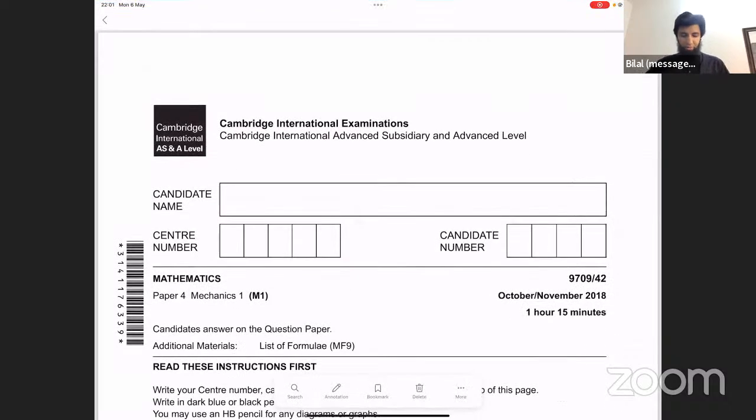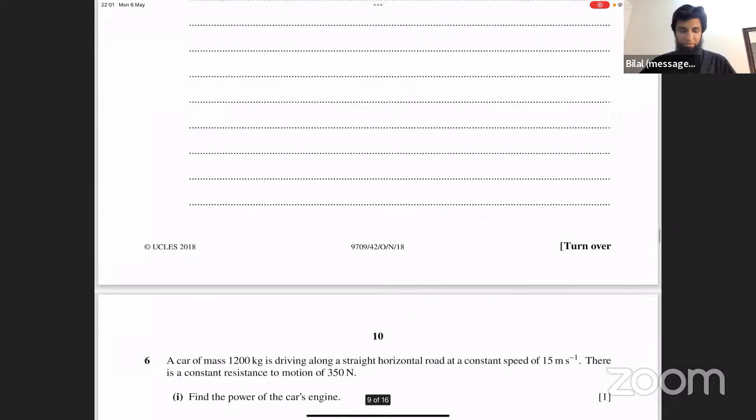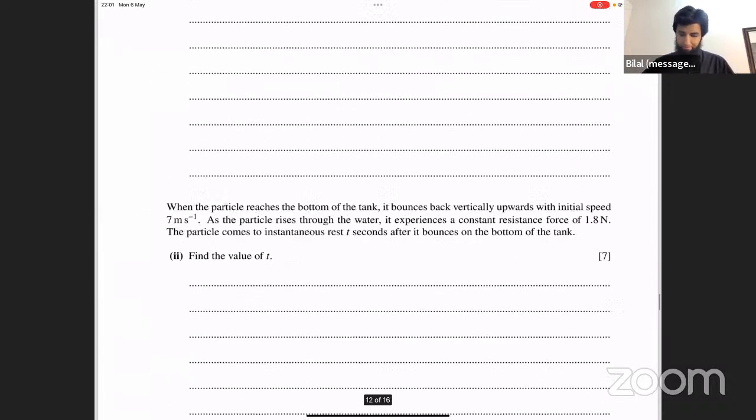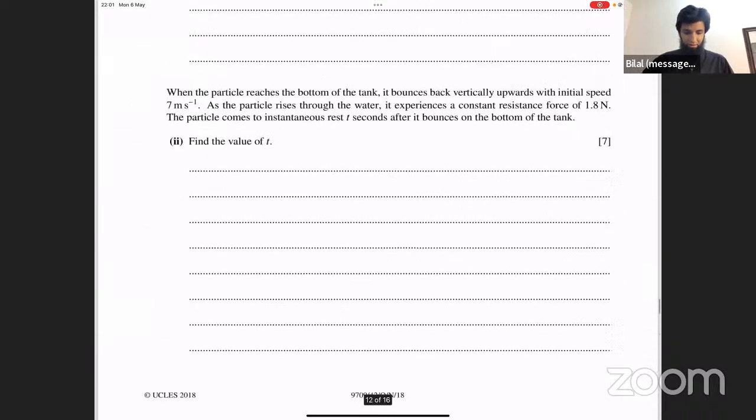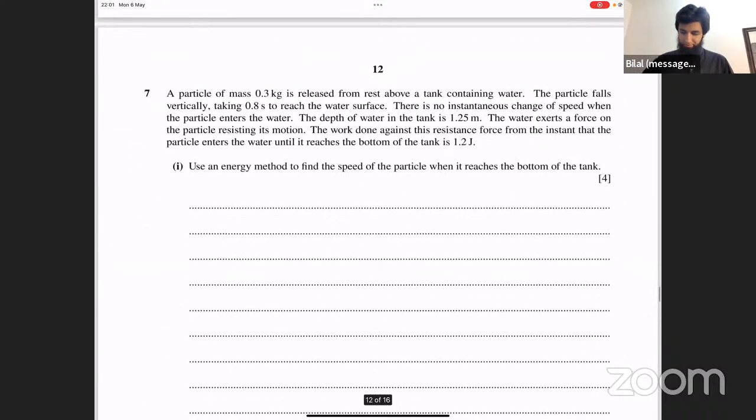Okay, November 18, paper 4-2. Question number 7 from this. Last question for today, and then we end.